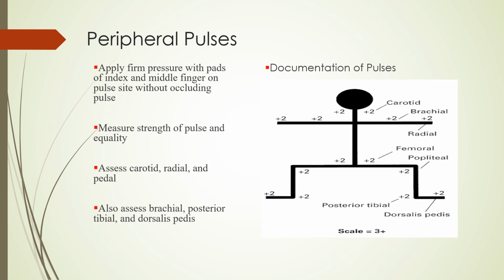The popliteal, excuse me, is behind the knee, the femoral is in the groin, the posterior tibial is in the inside of the ankle, and then on top of your foot, the dorsalis pedis. Okay? All should be normal, should be palpable. You should be able to feel it, and they should be strong, not weak, not faint, not bounding, but they should be palpable. Okay?